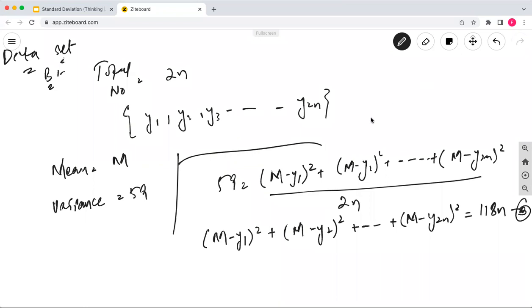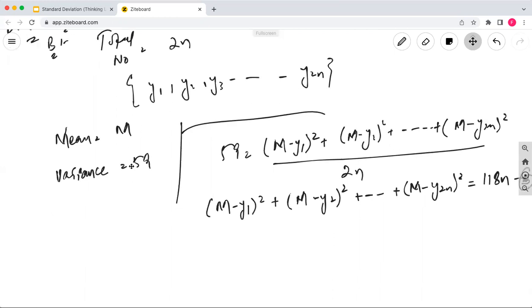First of all, if data set A and data set B have the same mean, then if we combine those, the new data set will have the same mean, right? You all agree on this point? If you are combining two data sets with the same mean, the new data set will also have the same mean, right?